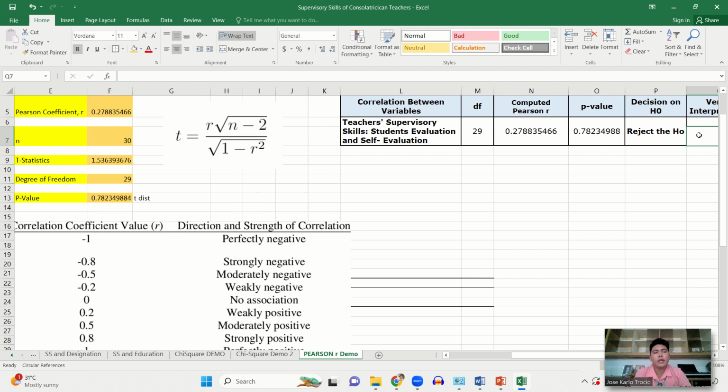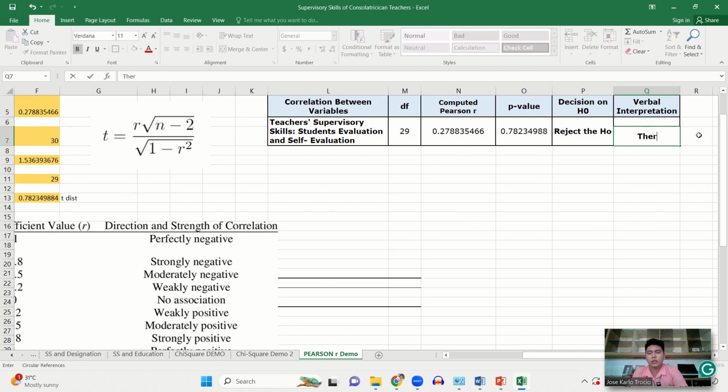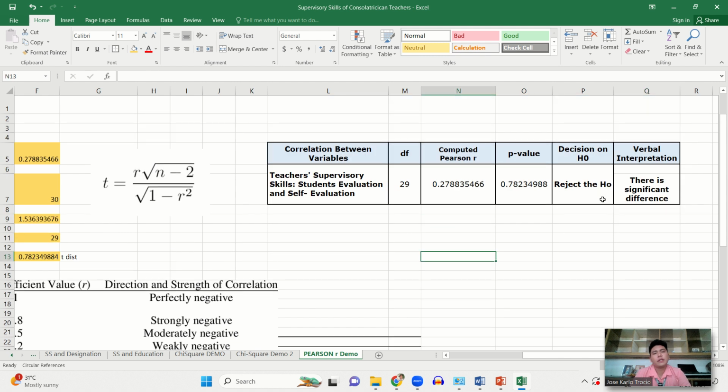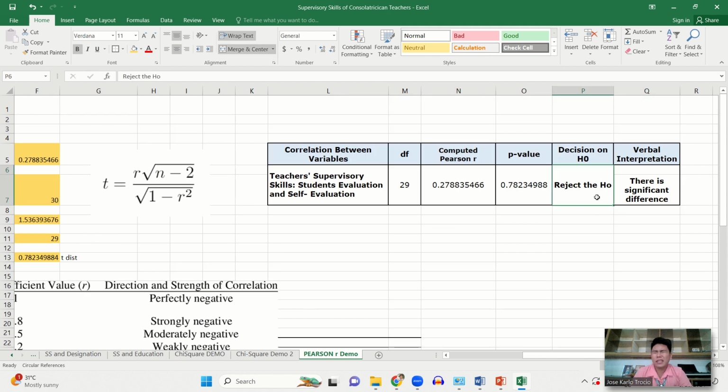Therefore, there is a significant difference, though a little bit, between the student's evaluation and the teacher's perception on his or her supervisory skills. So again, how are you going to identify if it is rejected null hypothesis? If it is positive, then we reject the null hypothesis. Then we accept the alternative hypothesis, which is there is significant difference.